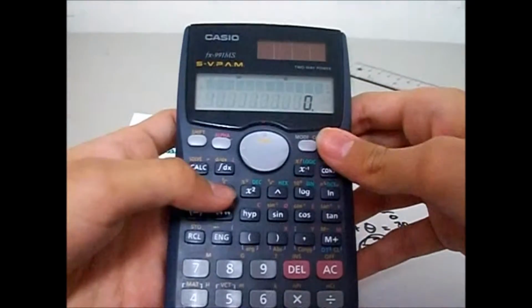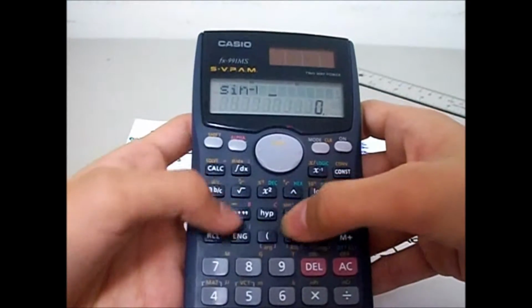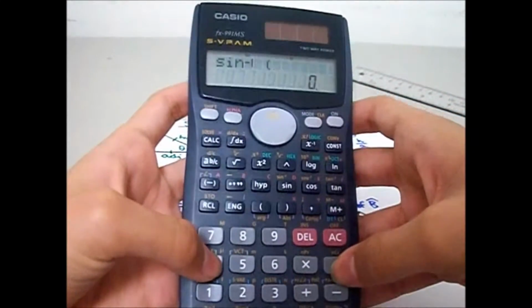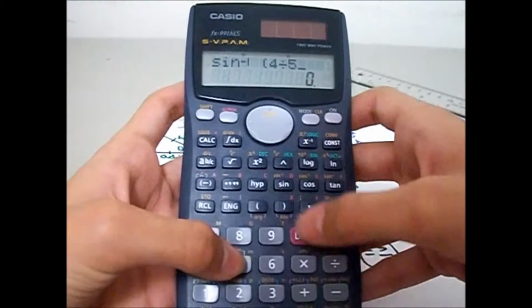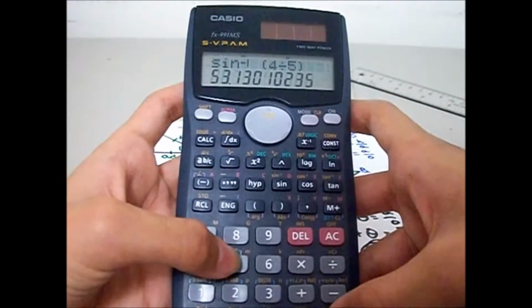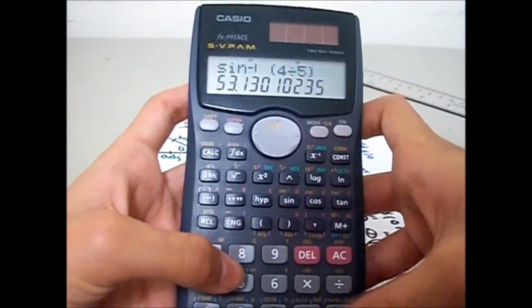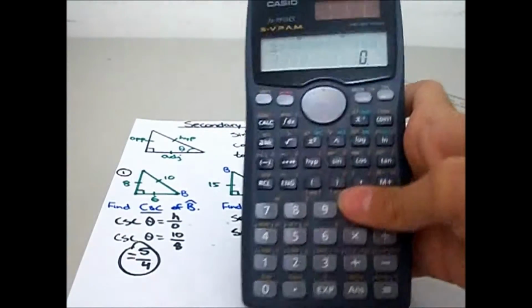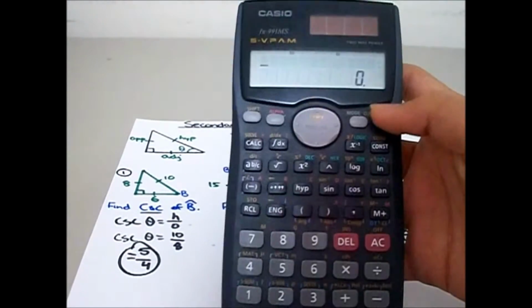So we'll just do that now. Sine inverse of 4 divided by 5 will give us approximately 53 degrees. And we have to do this since there are no cotangent, secant, or cosecant buttons on our calculator.